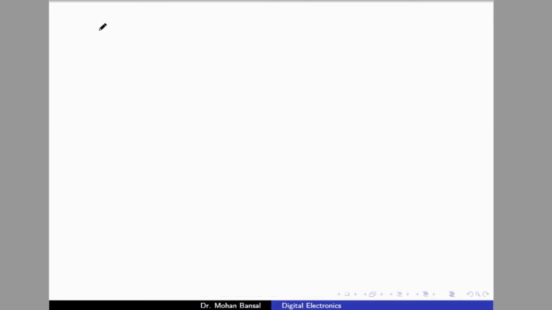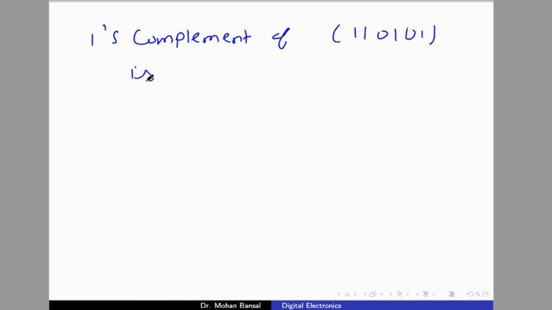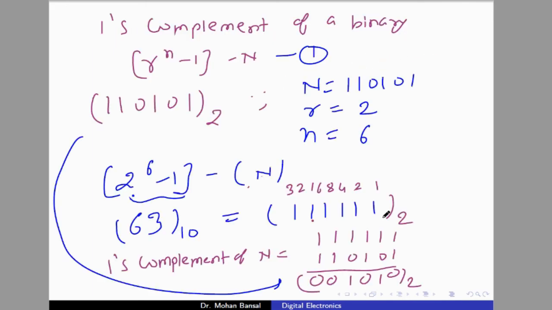So what did we get? Ones complement of 110101 is 001010. You can check that.